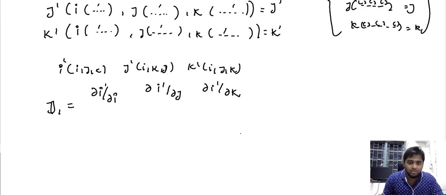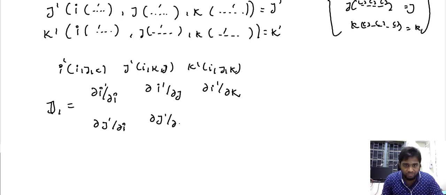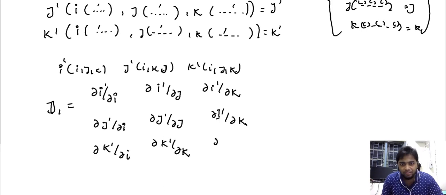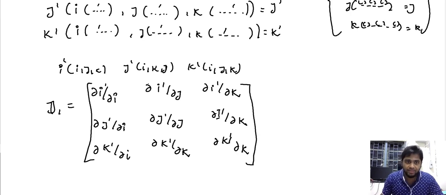The same way, the second row would involve the partial derivative of j prime with respect to I, with respect to j, and with respect to k. The third row then would be the partial derivative of k prime with respect to I, with respect to j, and with respect to k. So this is one Jacobian that we are able to establish from this relation here.